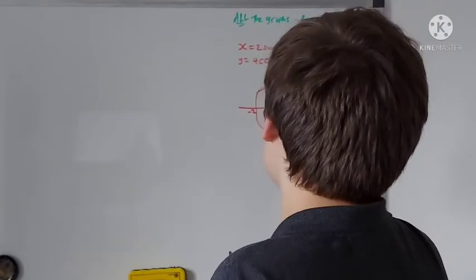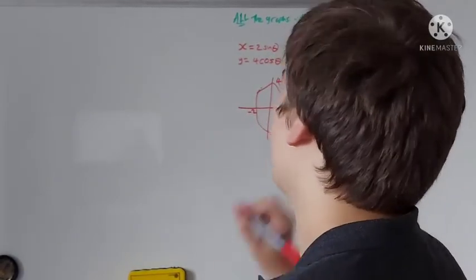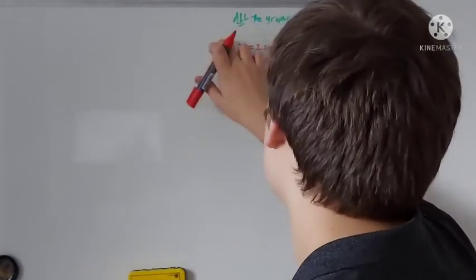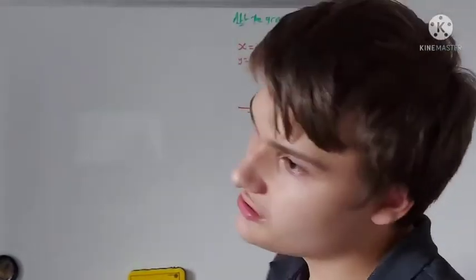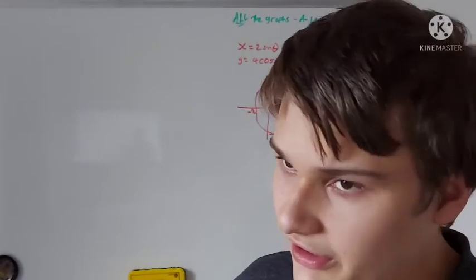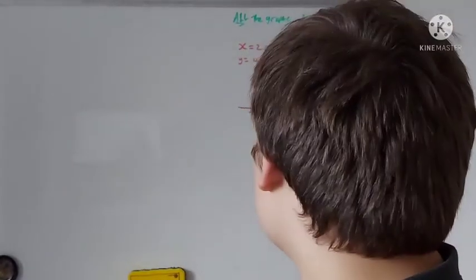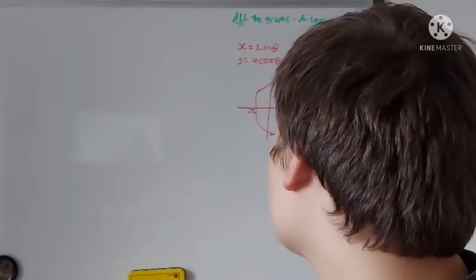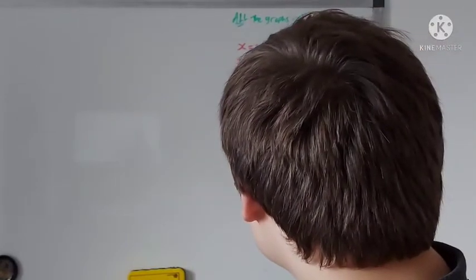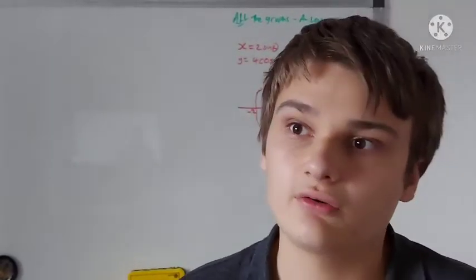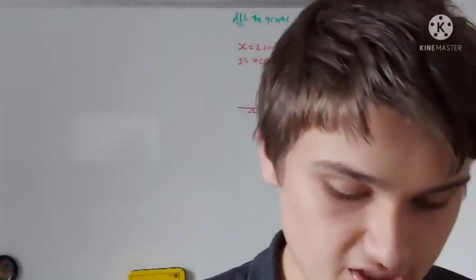It will range between minus 2 and 2 and 4 and minus 4. Because you'd find out here when x is 0, 2 sine theta is equal to 0, and solve the equation as you would. So that is how we can draw the ellipse, and that is the end of this video.